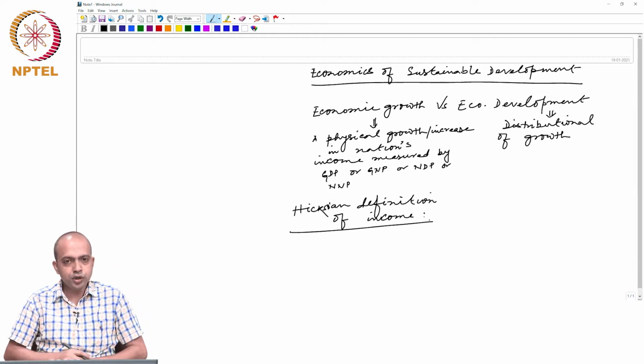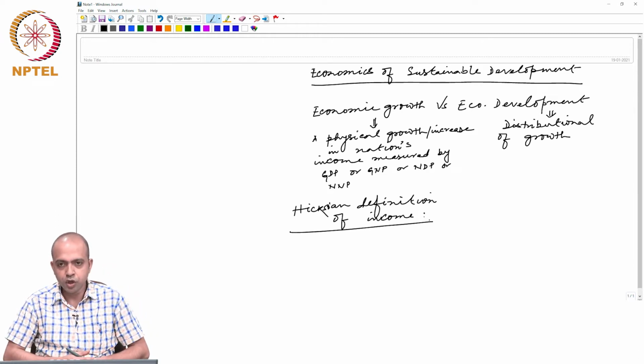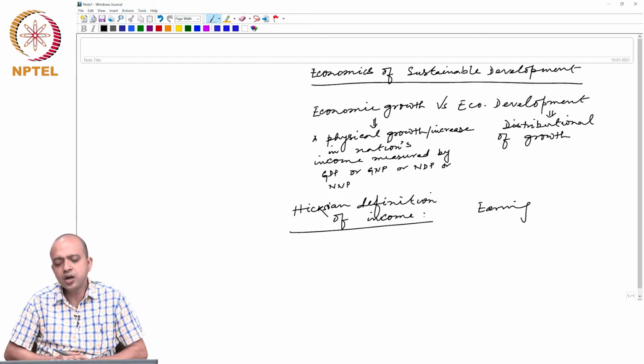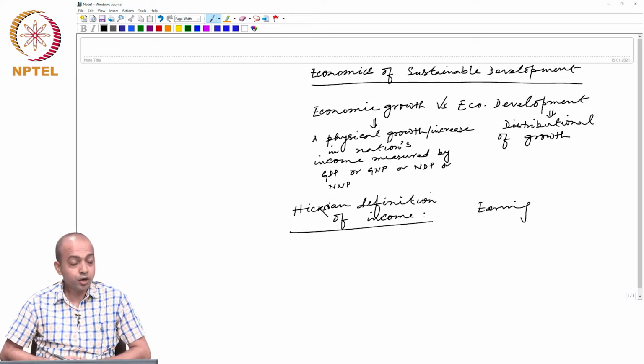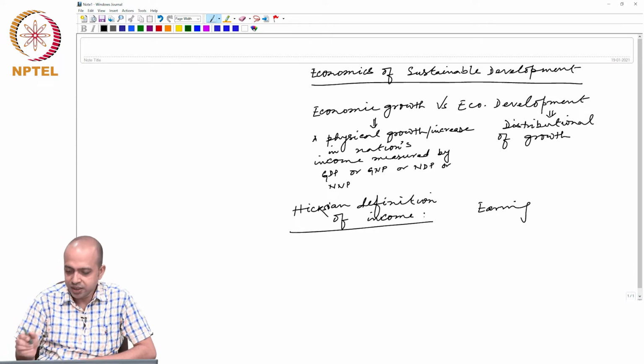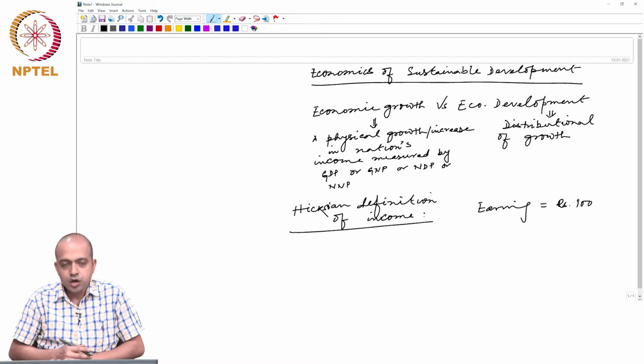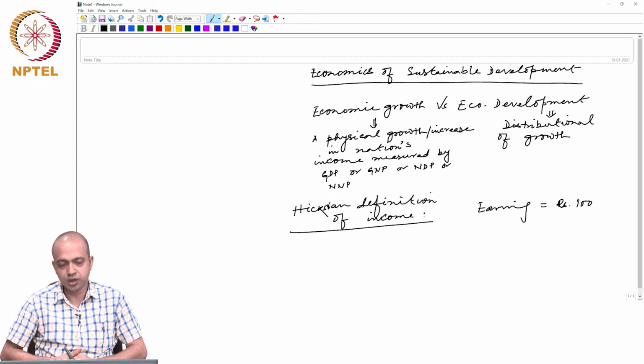Now, if I ask you what is income, probably you will say income is nothing but somebody's earning, right? What we earn, that is our income. But economists say that income and earning are two different things. We cannot equate income with earning. Let us say that somebody's earning is 100 rupees in a week.